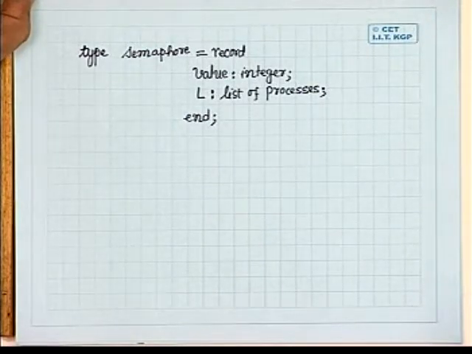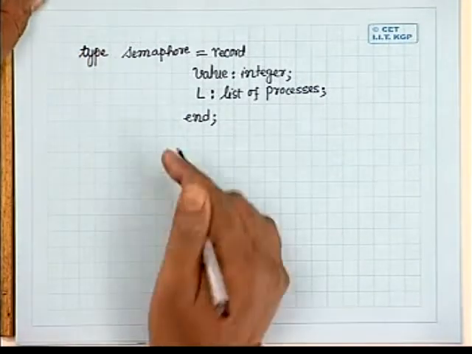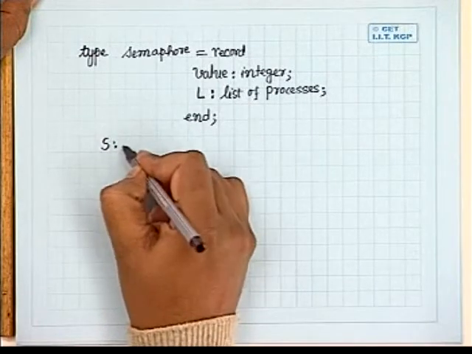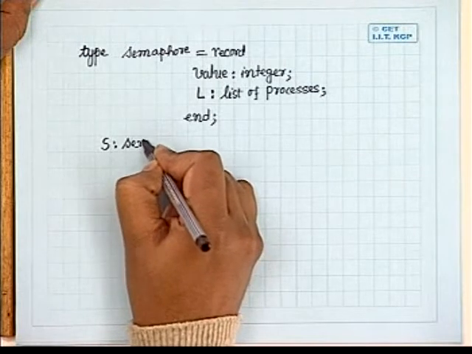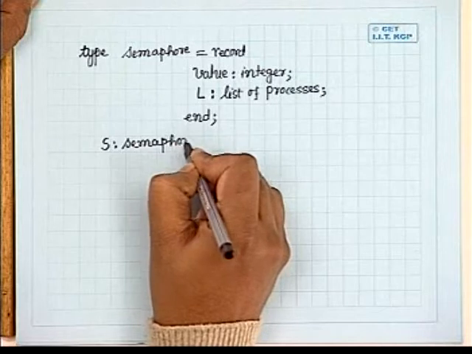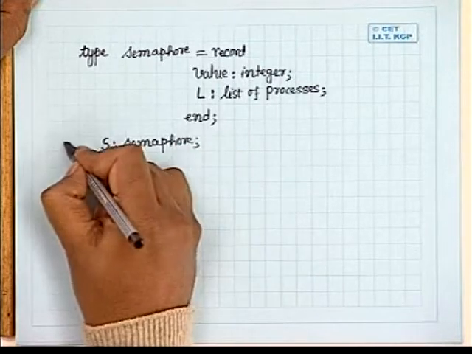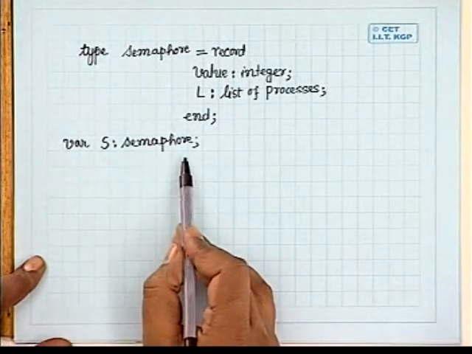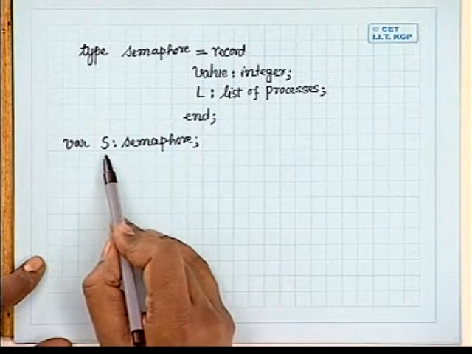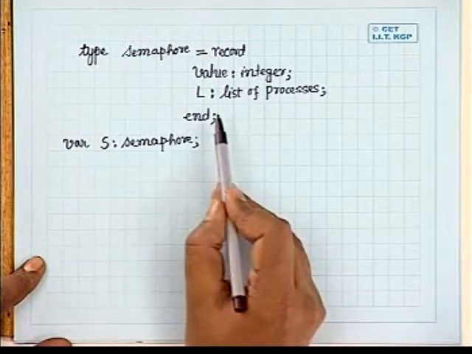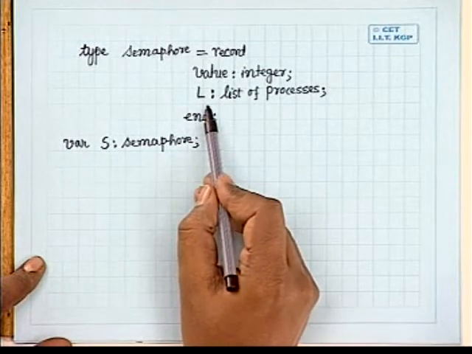Okay. Now with this, whenever I declare a variable S to be of type semaphore, that means this variable S is a record having two fields, the value field and the L field.